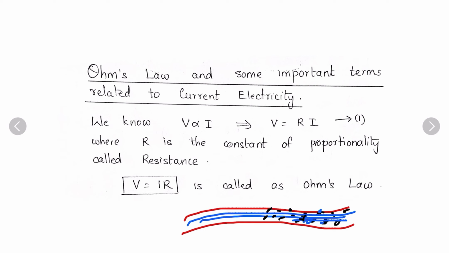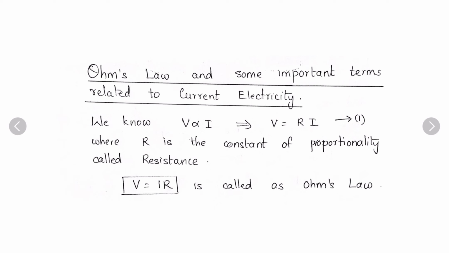Similar to that, whenever we have a conductor, a conductor means a wire or something which is conducting electricity, then current is flowing through that conductor. Current means flow of electrons, flowing from one place to the other.